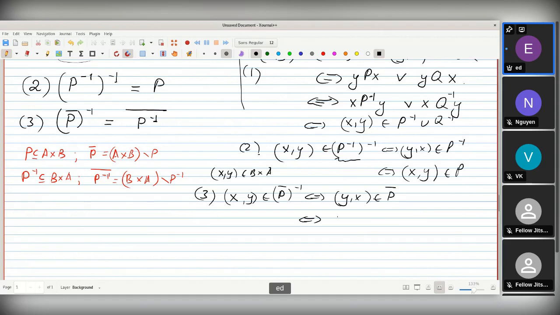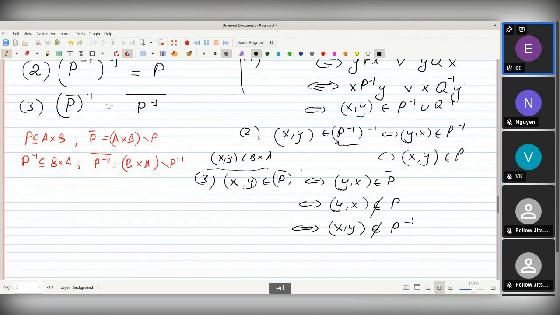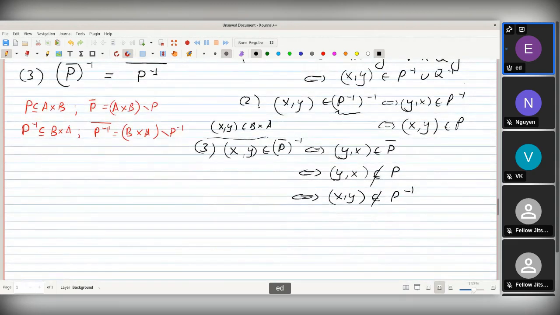But yx belongs to the complement, given this, of course, if and only if yx doesn't belong to P. But yx doesn't belong to P if and only if xy doesn't belong to the converse. Because if xy belonged to the converse, then yx would belong to P. That is, xy is a pair from B times A. That means that xy belongs to the complement of this conversion. Is this idea clear?